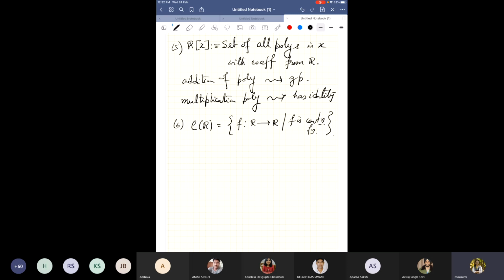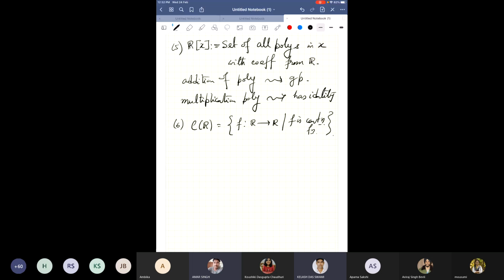Can I have two operations on this set C(R) such that with respect to one it will form a group, and with respect to another it should have at least the multiplicative identity? Can you think of two operations on the set of all continuous functions?